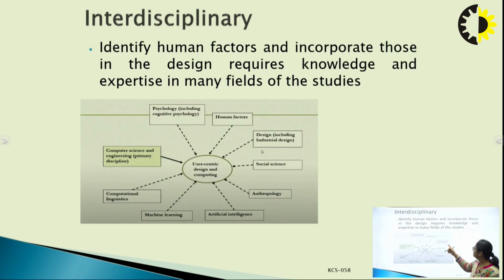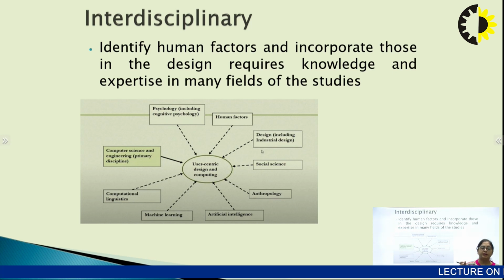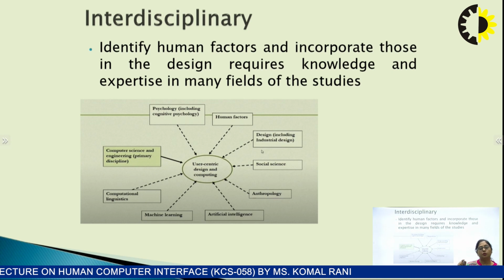Okay, next is design. Design includes industrial design. Design contains some guidelines. According to those guidelines, we have to design our interface. For example, on a window, when you see the close button on the top right side, it is there to close the window.